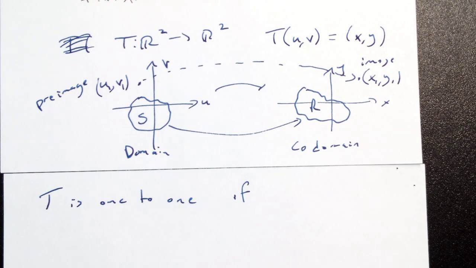Exactly. No two points land on the same thing. No two pre-images have the same image. Or each pre-image has a unique image.